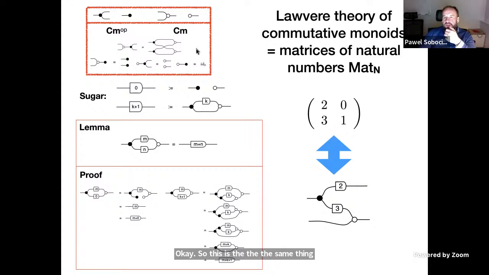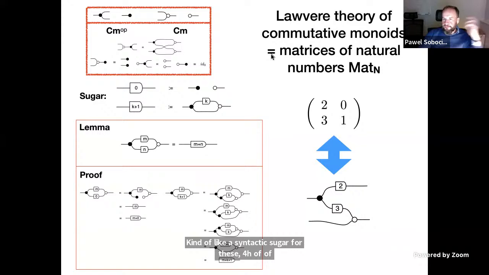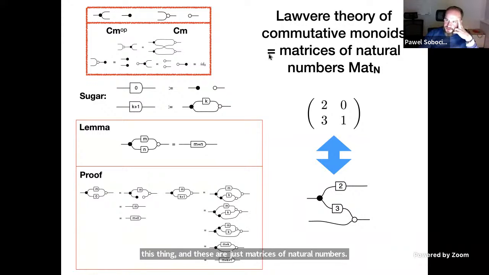So the Lawvere theory of commutative monoids is the same thing as the symmetric monoidal theory of commutative bialgebras. You might recognize these equations as being those of commutative bialgebras. But there's yet another way, a kind of syntactic sugar, for arrows of this thing, and these are just matrices of natural numbers. This is the first hint of some kind of linear algebra coming in.